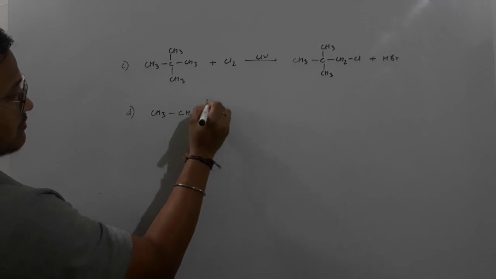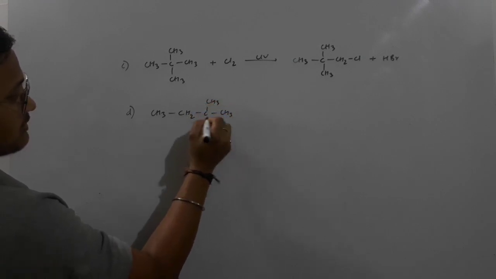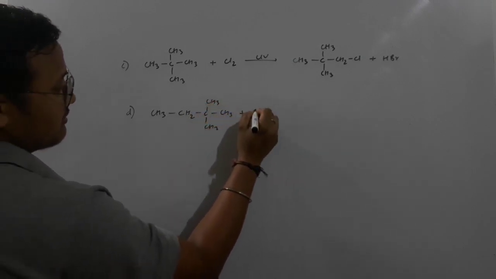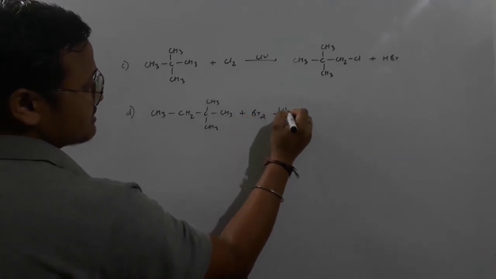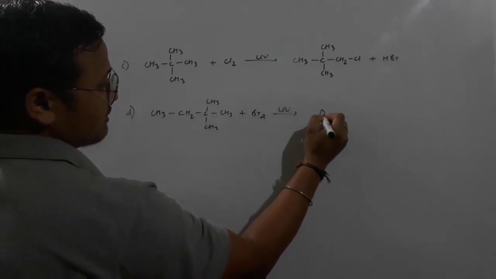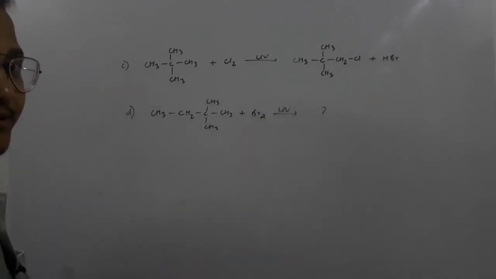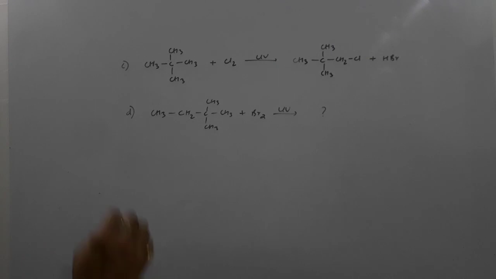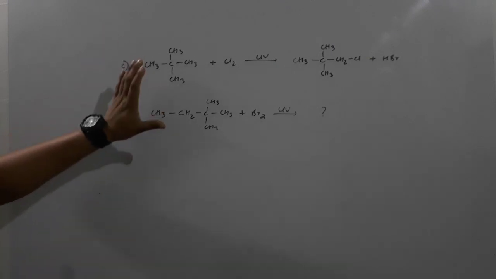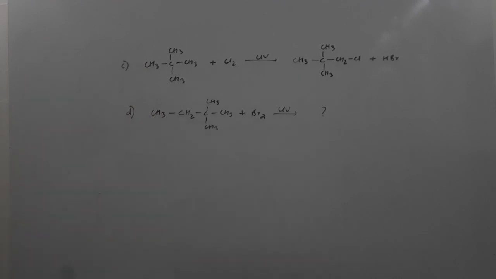You try to go after this example and you comment to me in the comment section if someone is able to do it or not able to do it. Clear? So you try out what is the number of products formed here. So this is our free radical halogenation of alkane compounds. Clear guys? Okay.